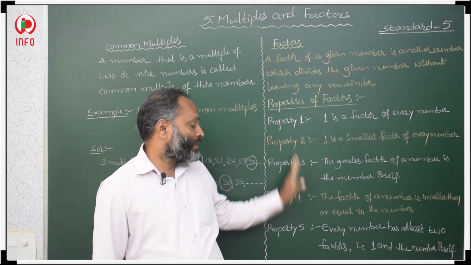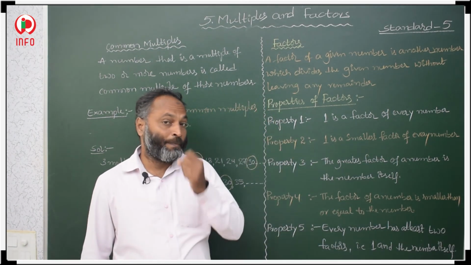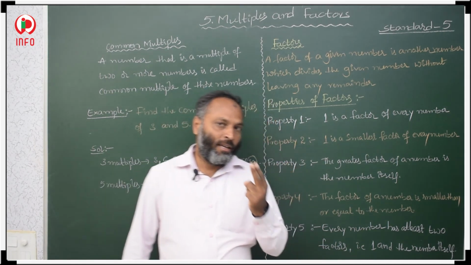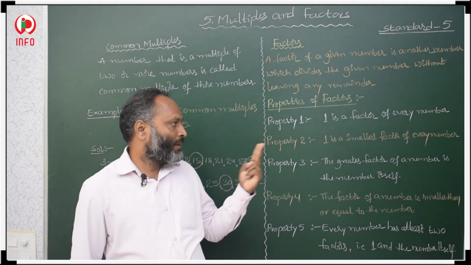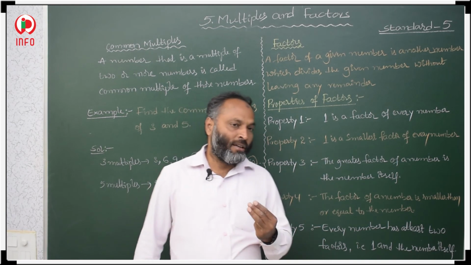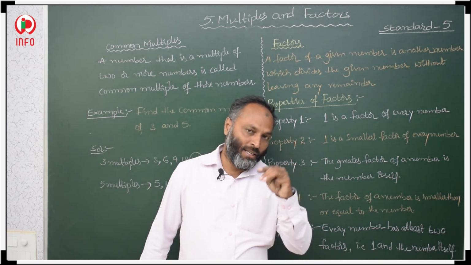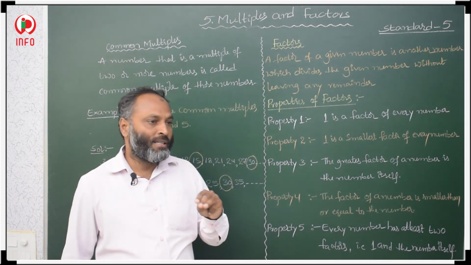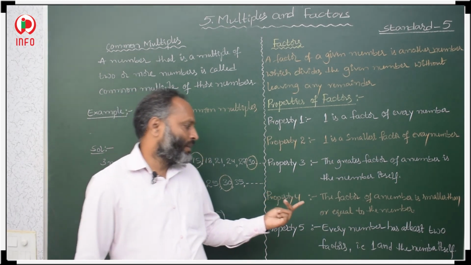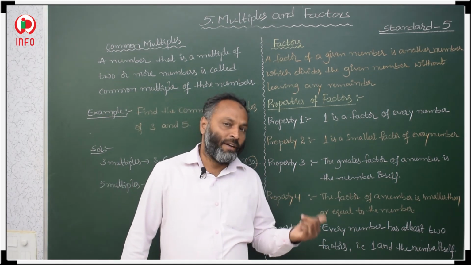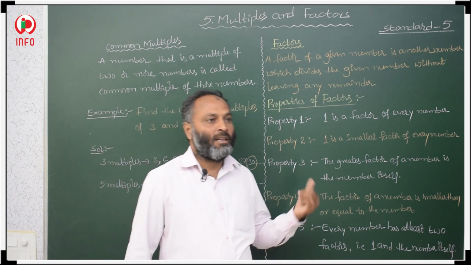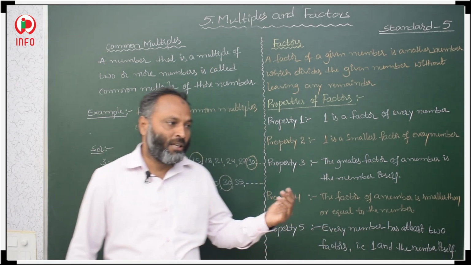These 5 properties you have to remember. What is the first property? 1 is a factor for all the numbers. The second, 1 is the least factor, means smallest factor. The third property, the greatest factor of a number is the number itself. The fourth property, factors of a number are smaller than or equal to the given number.